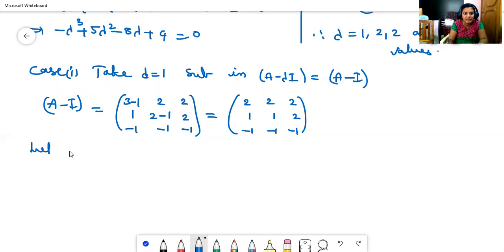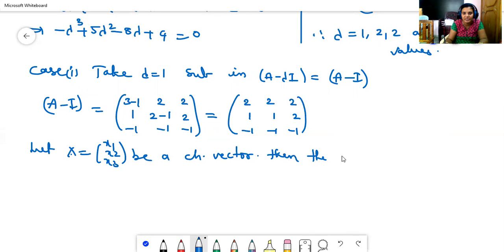Let X equal to x1, x2, x3 be a characteristic vector. Then the characteristic vector equation is A minus I into X equal to 0.